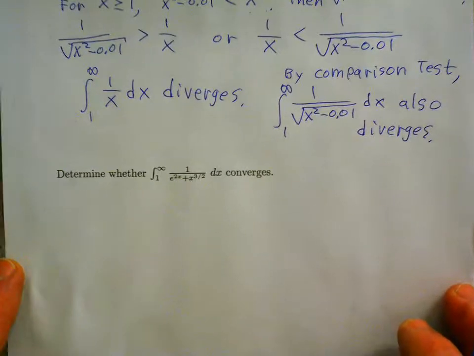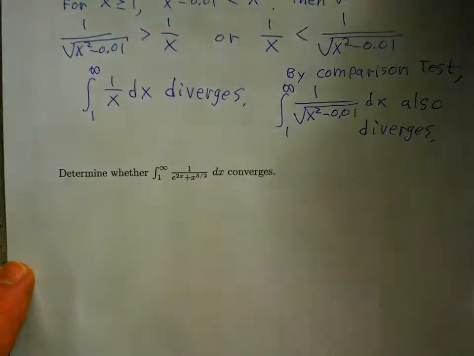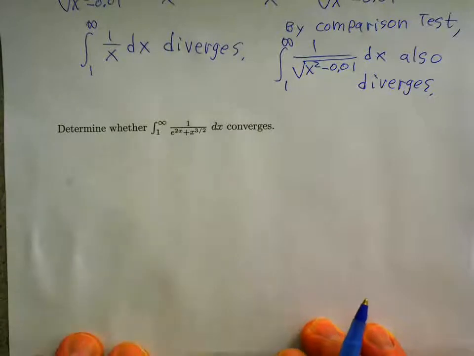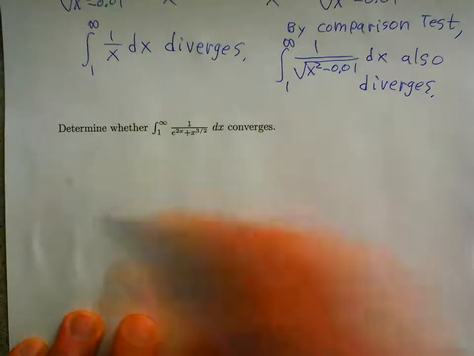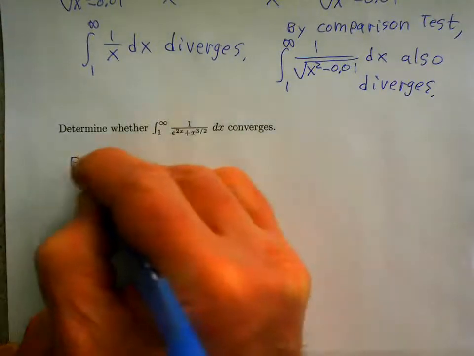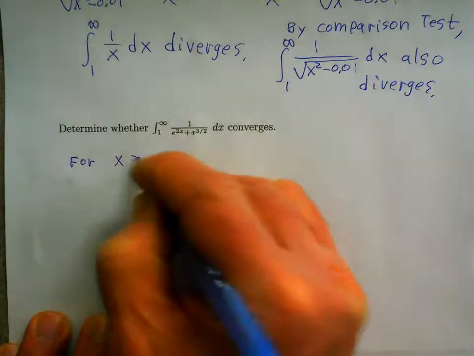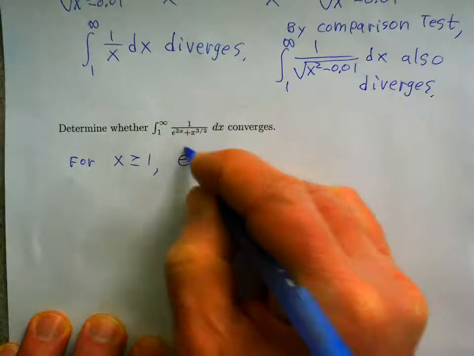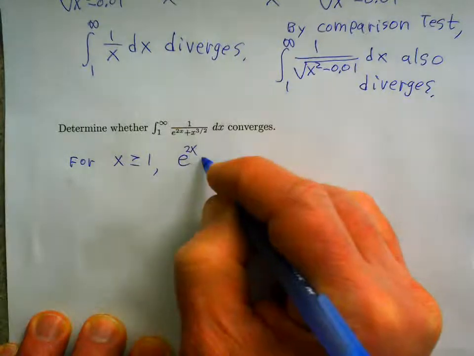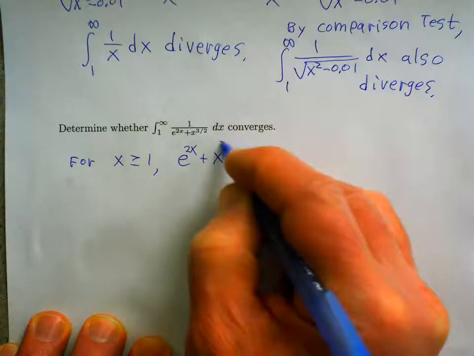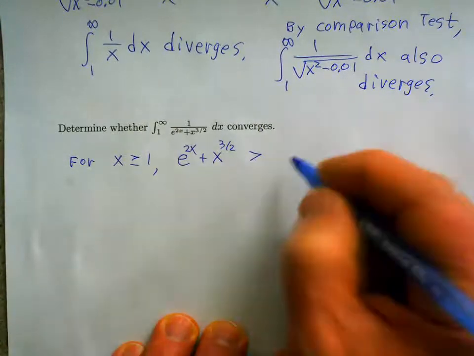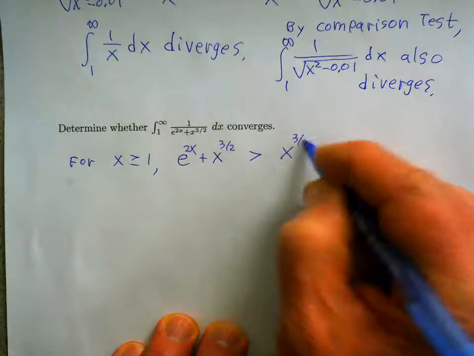Okay, we can probably do the next one pretty quickly. Same idea. So on this one, for x greater than or equal to 1, e to the 2x plus x to the 3 halves is greater than x to the 3 halves.